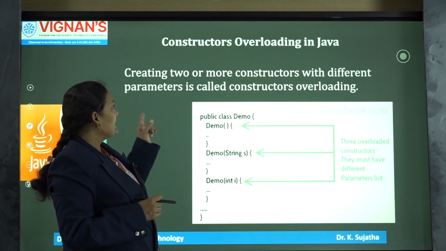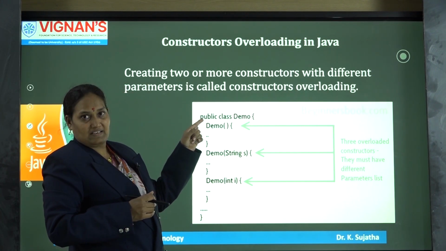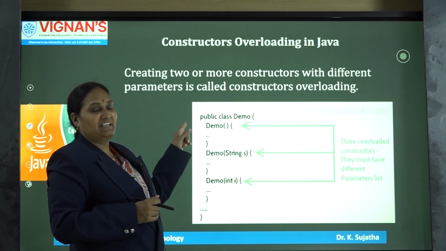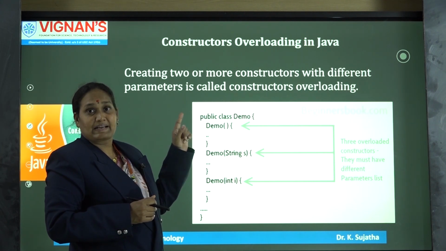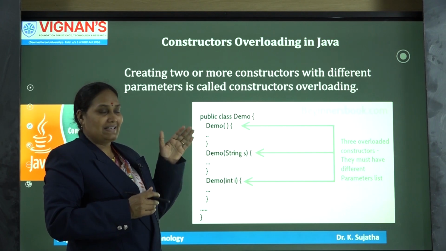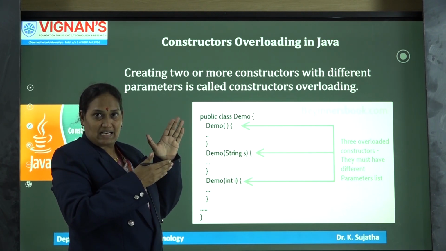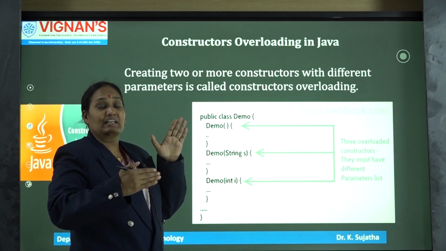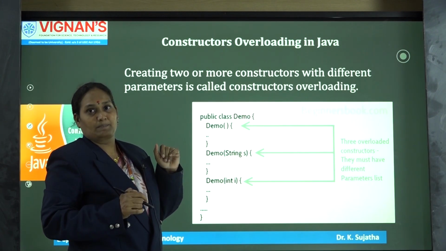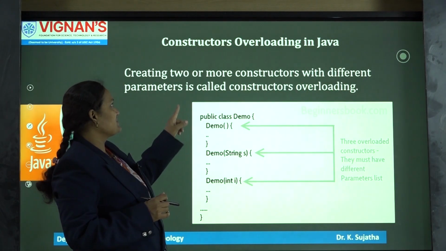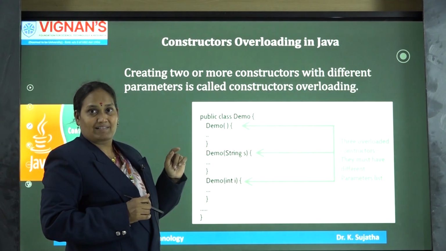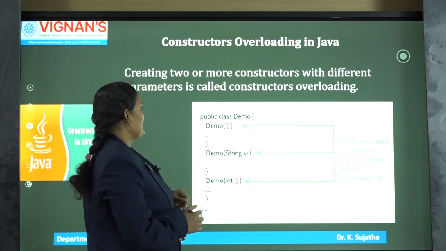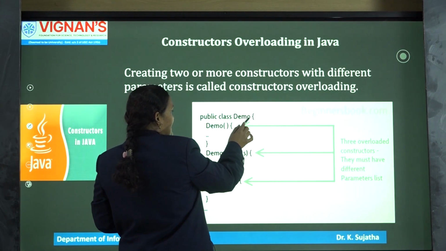See here, creating two or more constructors with different parameters is called constructor overloading. The same class contains two or more constructors with different parameter numbers. Such type of creation is to be called constructor overloading. Now here you can see an example, public class demo.